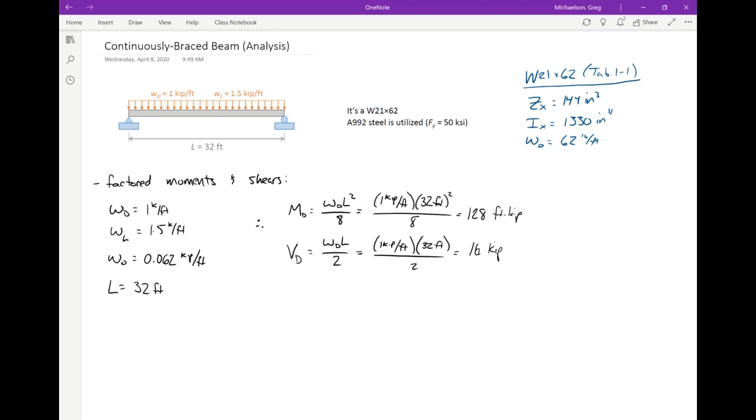Does everybody see the difference between the equation for shear and the maximum shear? If you look at the shear diagram, you can see how the V, the R, that's the maximum shear.